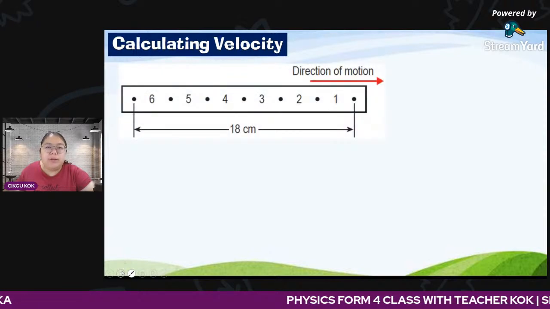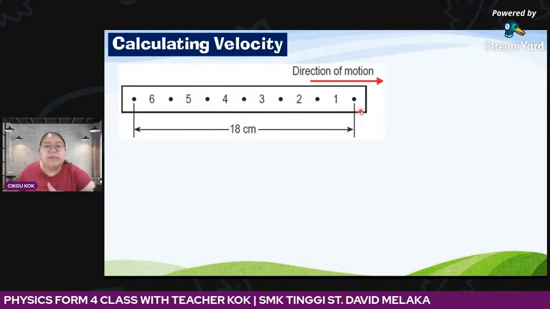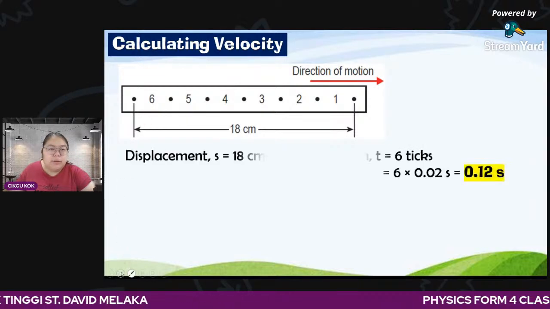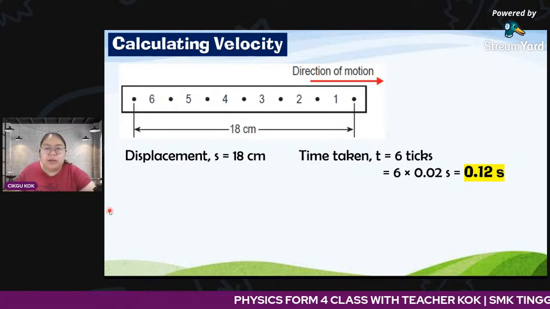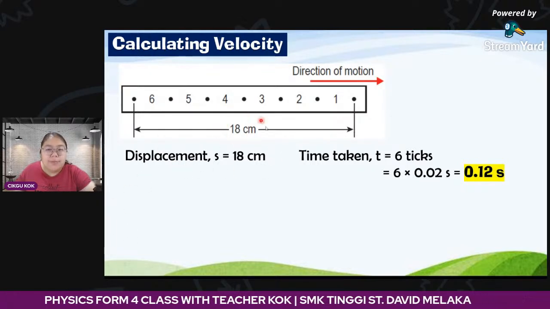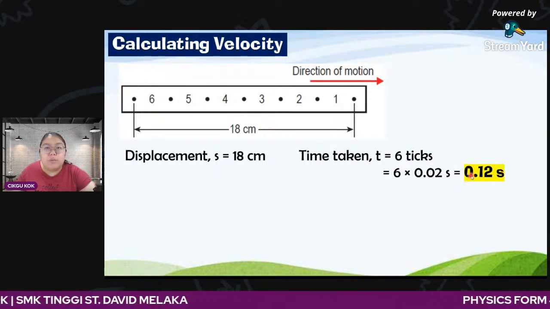First one, you can see here how many dots? 1, 2, 3, 4, 5, 6, 7. 7 dots, 6 ticks. From here, please calculate the velocity. The displacement already is 18 cm. Time taken for the 6 ticks, 6 multiplied by 0.02 second, so it becomes 0.12 second.